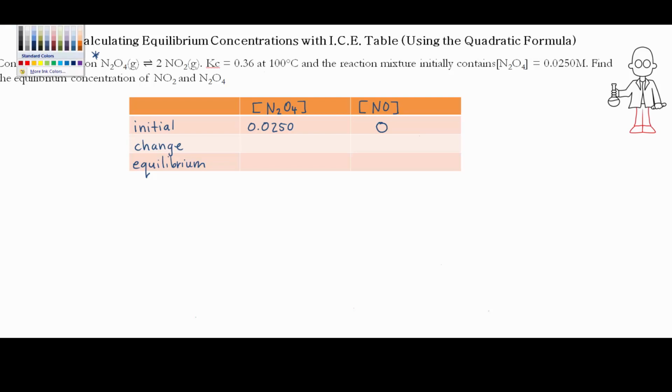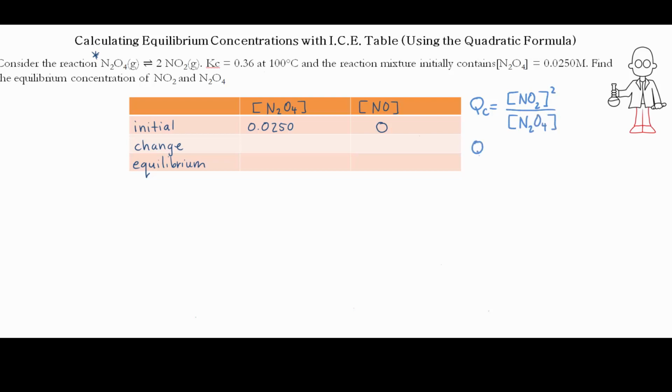So what we can do at that point is make a QC comparison, where QC is equal to the concentration of NO2 squared over the concentration of N2O4.